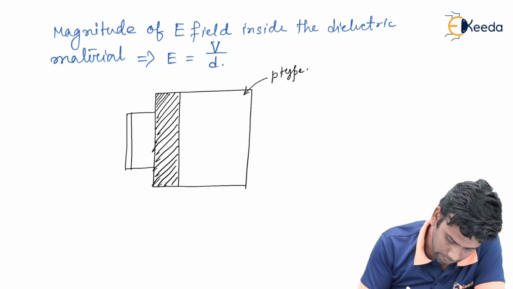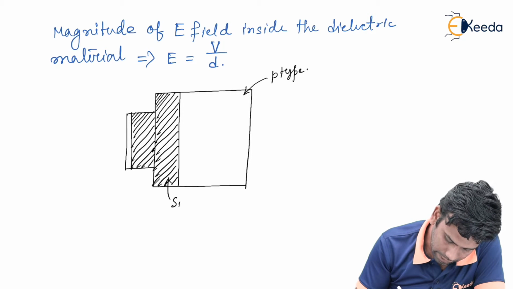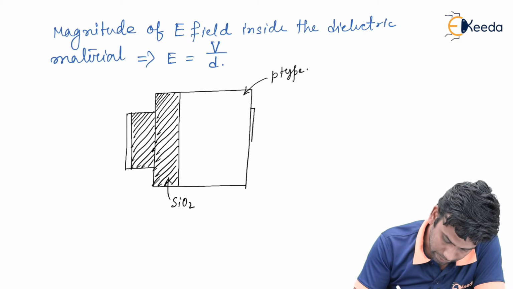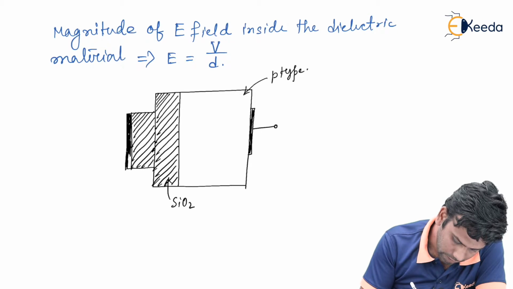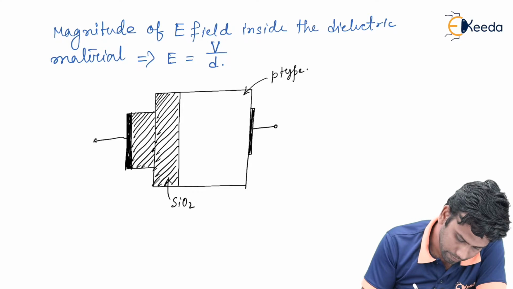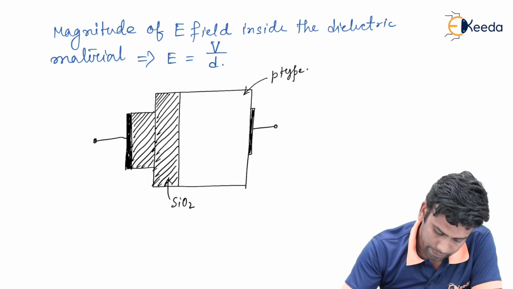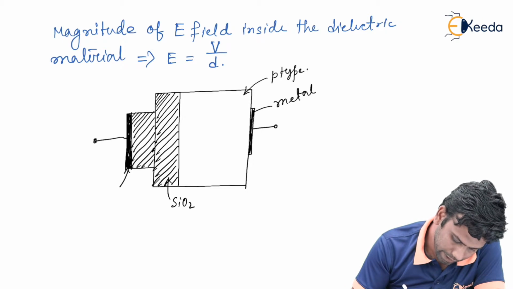This is the silicon dioxide and this is the p-type material, and here a metal contact is grown in this fashion. Similarly, a metal contact is grown on the silicon dioxide. So this is a capacitor where this is a metal plate and this will act as a metal plate.